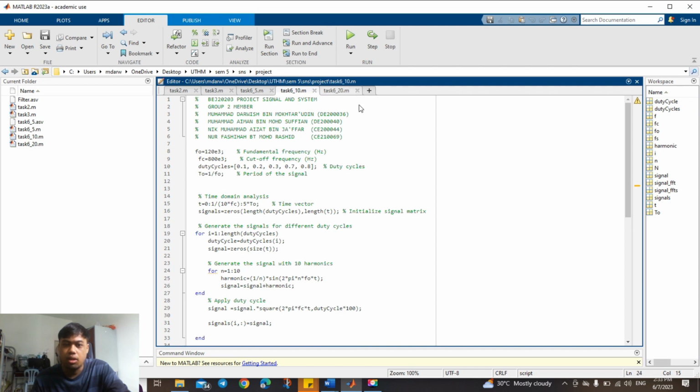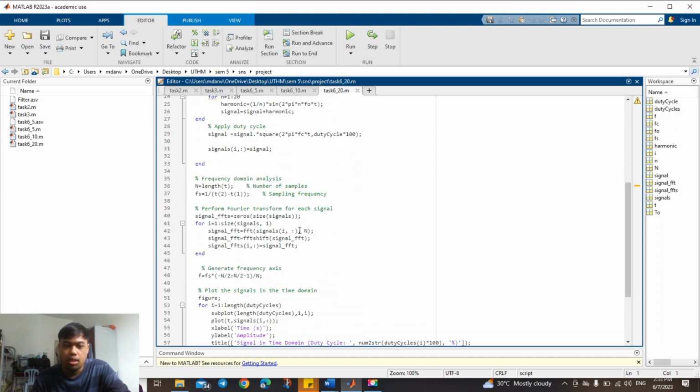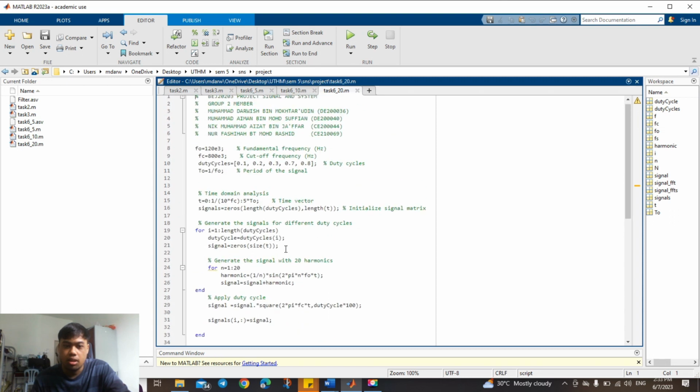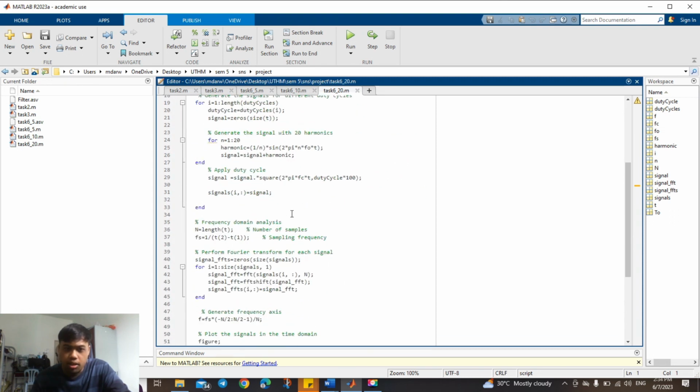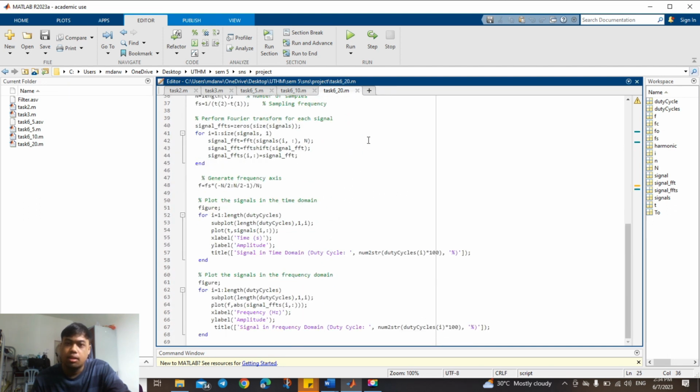And the last one is 20 harmonics. So it's the same coding as before. We just need to change the harmonics here. Just change it into 20, and then let's try.